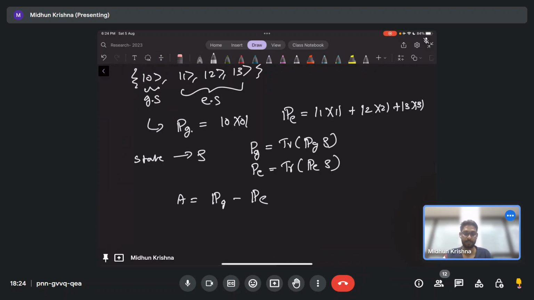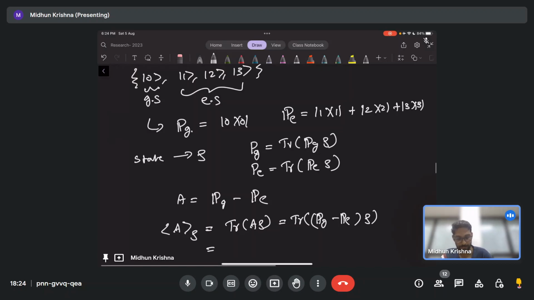PG is the projection operator onto the ground state, and PE is the projection operator onto the excited state. If I look at the expectation of A in this state rho, it is nothing but trace of A rho, which is trace of PG minus PE times rho, right?